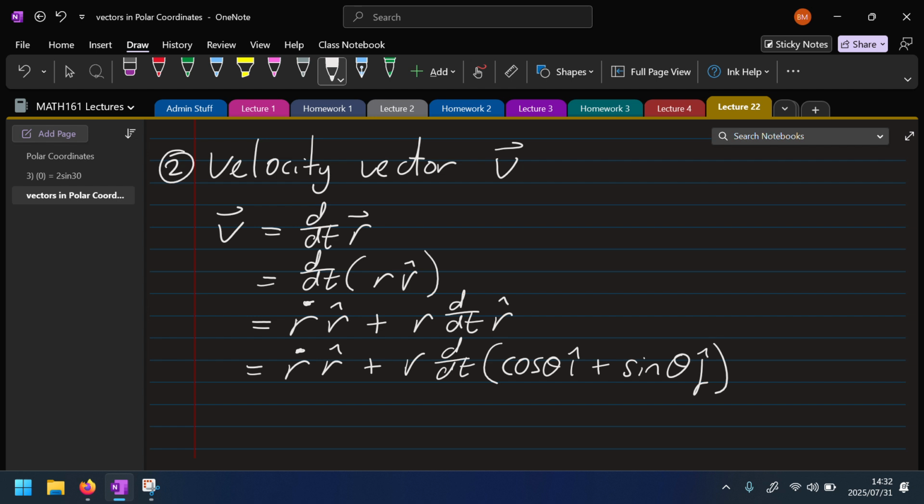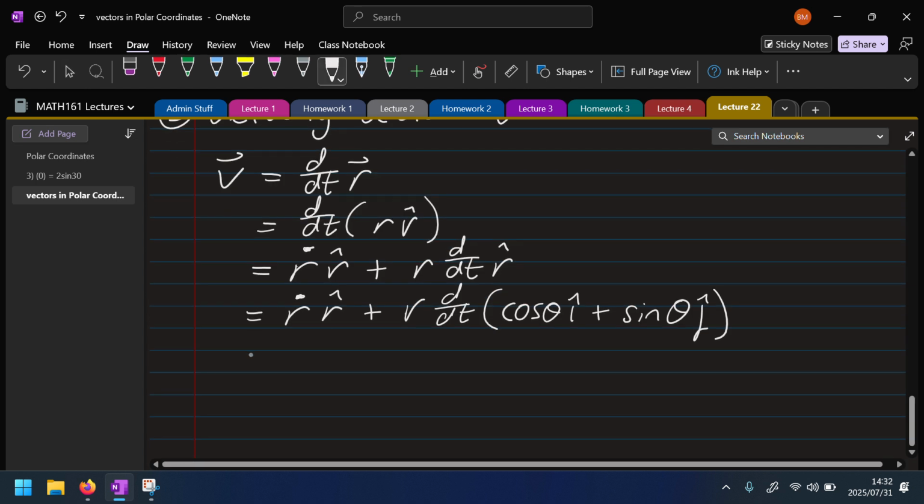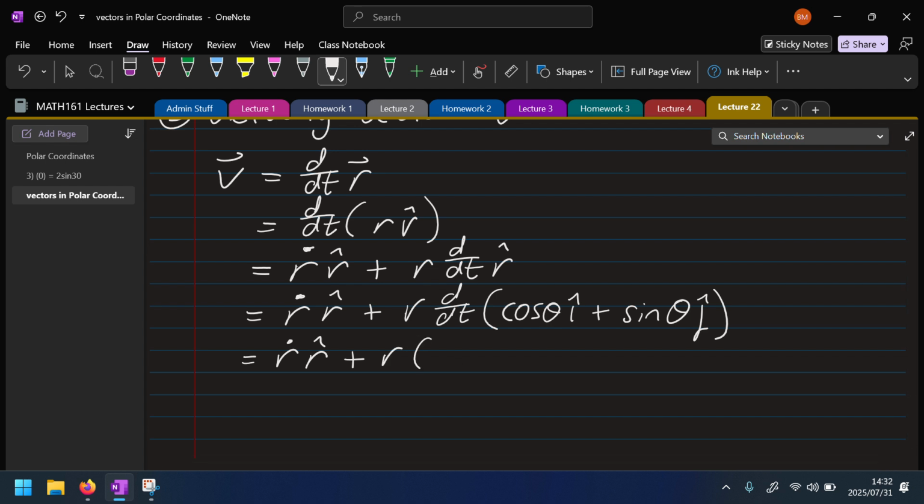So when we do the time derivative, we're going to have to use the chain rule. So that's going to be r dot r hat plus r times the time derivative. Cos is going to become minus sine theta dot i hat, plus cos theta dot j hat.